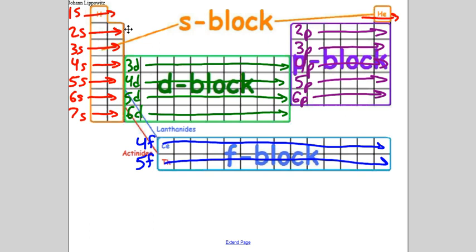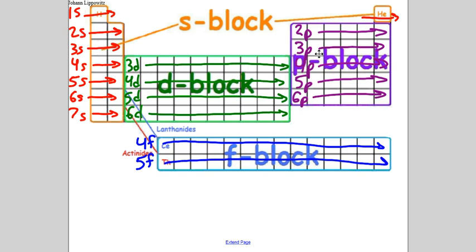As we go, lithium and beryllium, those are 2s orientations for their valence electrons. Their valence electrons here are 3s, 4s, 5s, 6s, 7s. So the row, the period number, tells you what the quantum number is for s shells.